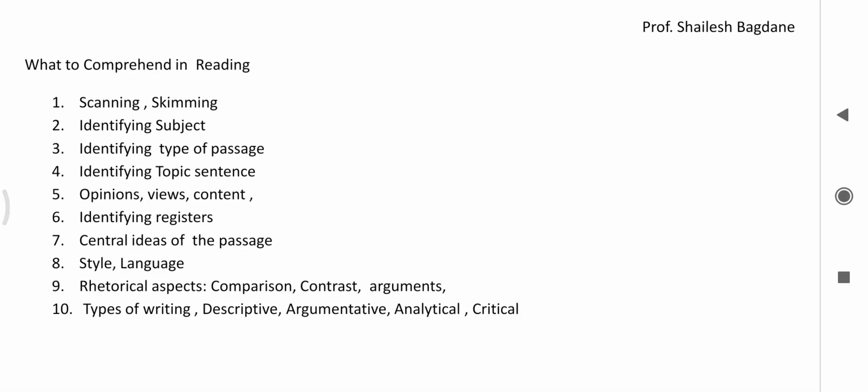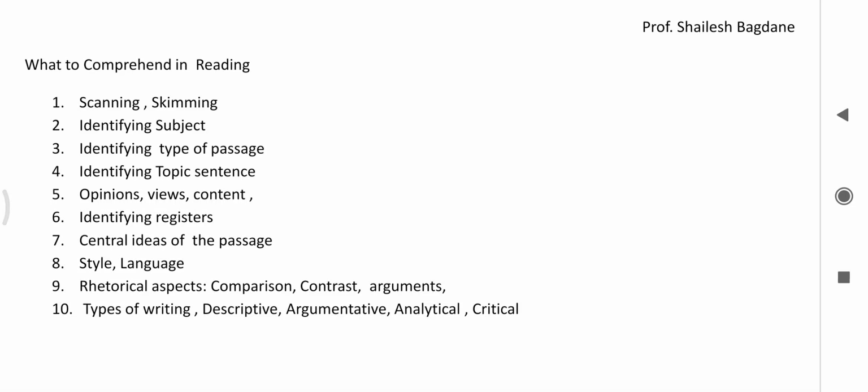So, in the very first stage, we have to adopt the scanning process and the skimming process. Scan stands for just moving your eyesight over the so-called passage or text.